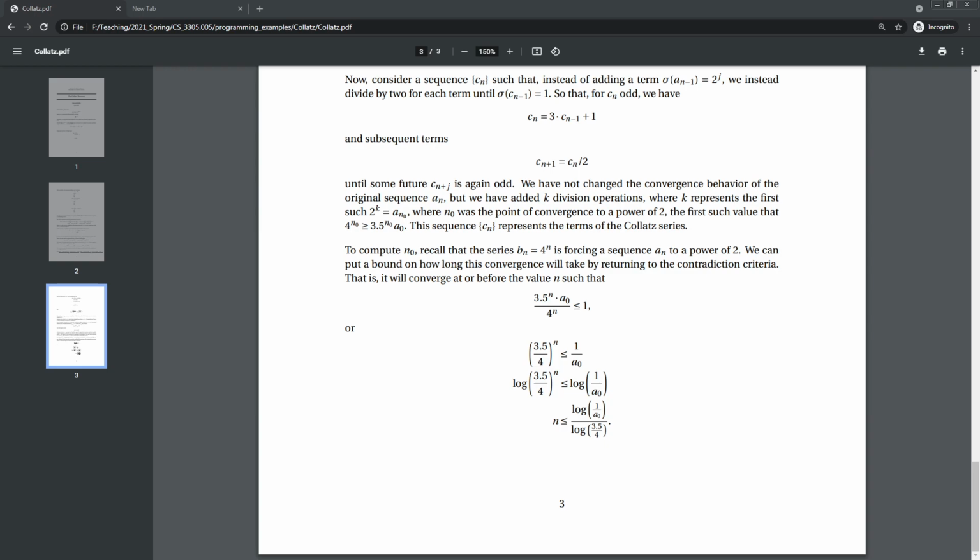Okay, so now I would like to switch over to numerical integration.